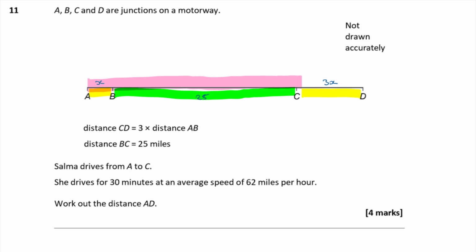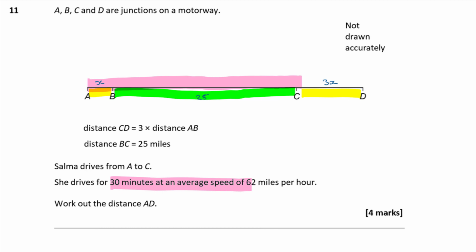So what we're going to have to do is use this bit of the problem to find the distance from A to C, and then we can use that to find the distance from A to B, and once we know that, we can find the distance of C to D, and once we know that, we know everything. So it's going to be a number of steps along the way here, isn't it? So I think we're going to have to start with this.